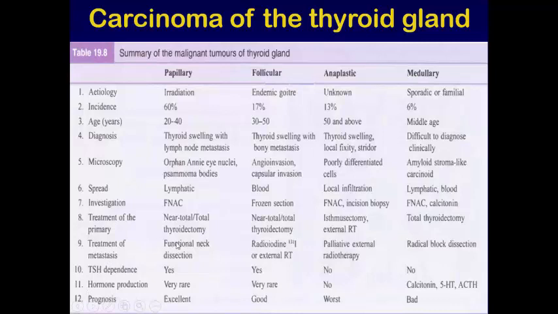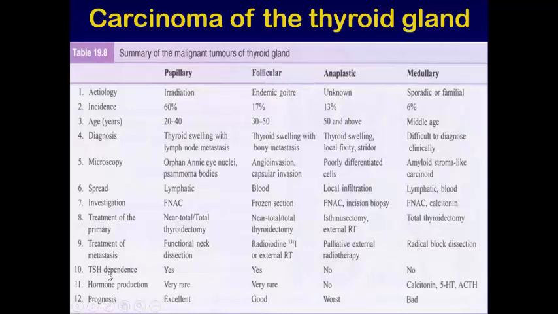Regarding treatment of metastasis, functional neck dissection in papillary carcinoma, radioactive iodine or external radiotherapy in follicular carcinoma, palliative external radiotherapy in anaplastic, and radical block dissection in medullary carcinoma.